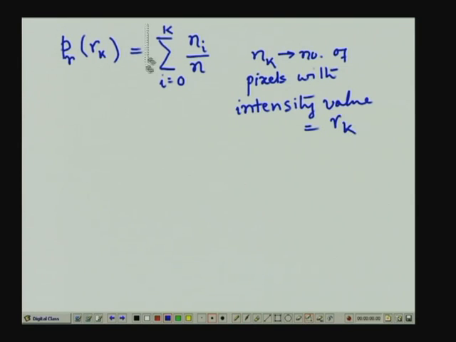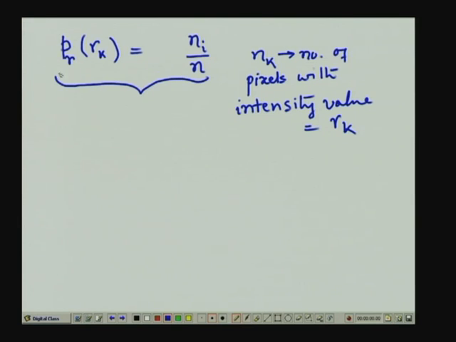Sorry, this is not a summation; P(r_k) is given by n_k by n. As this expression suggests, this particular expression tells us the probability of a pixel having a value r_k present in the image.